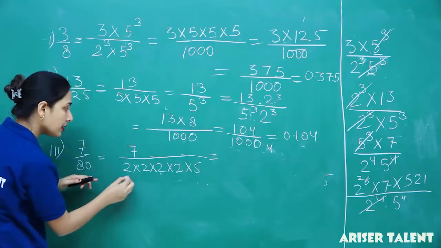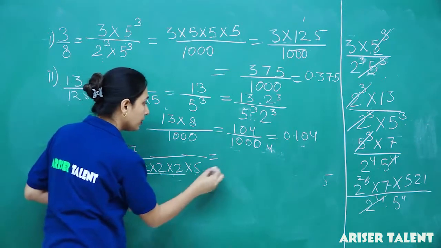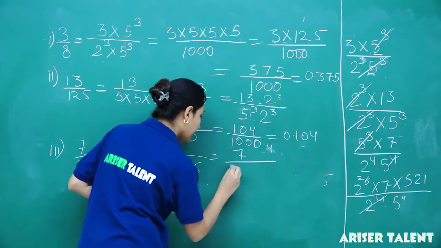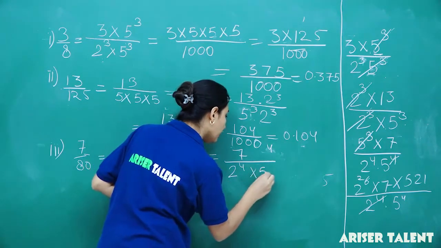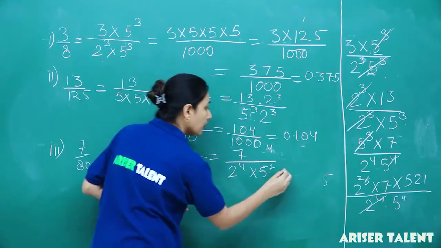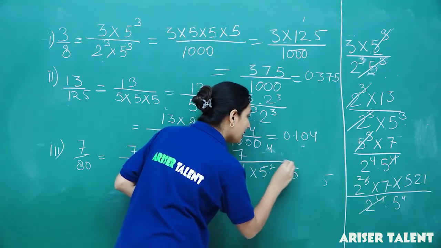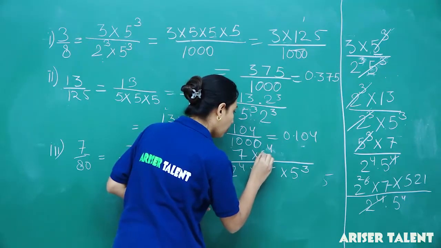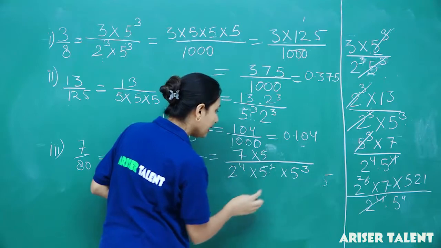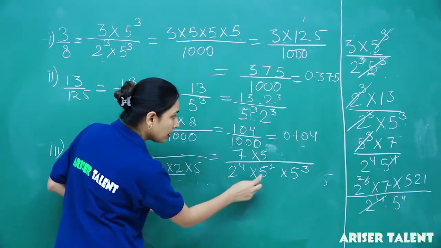Okay, we have given this. Now 7 divided by 2 raised to power 4 and 5 raised to power 1. Now we will multiply it by 3, so it will also be multiplied by 3.